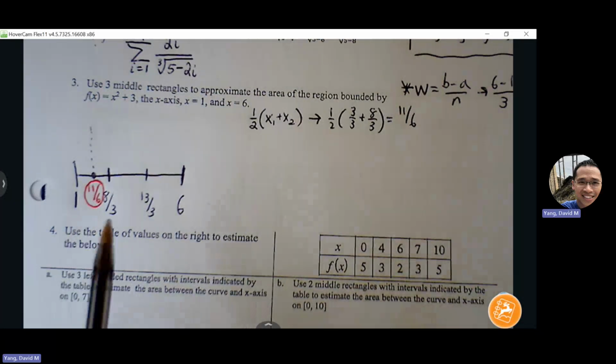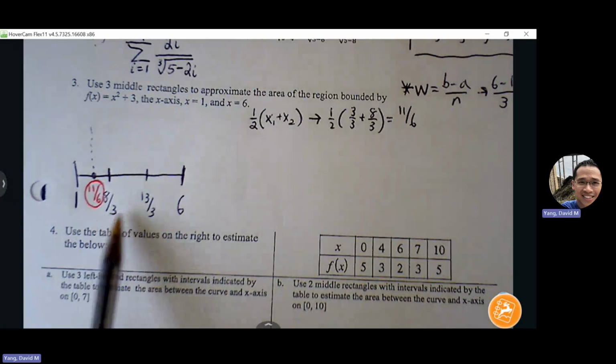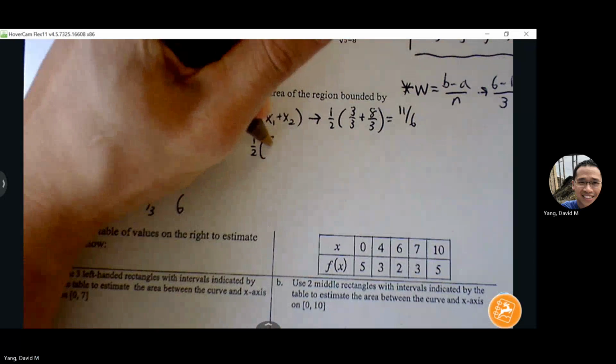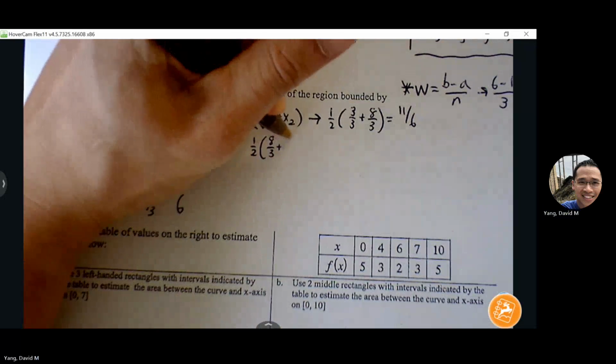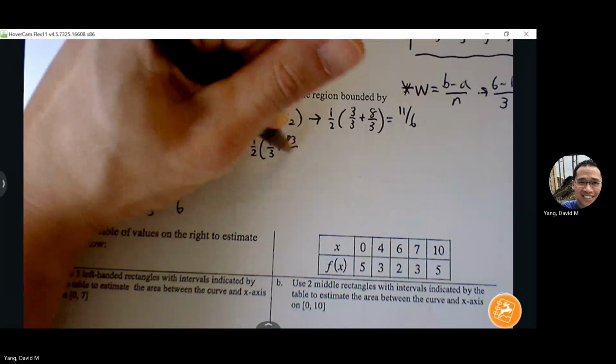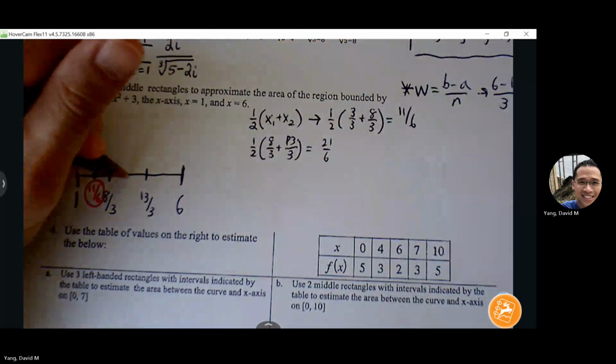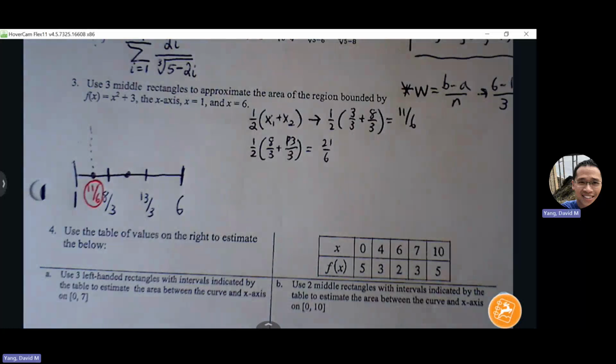Okay, let's find the other midpoints here. What's the midpoint between 8/3 and 13/3? You can reduce that if you want, or you can leave it as 21 over 6.